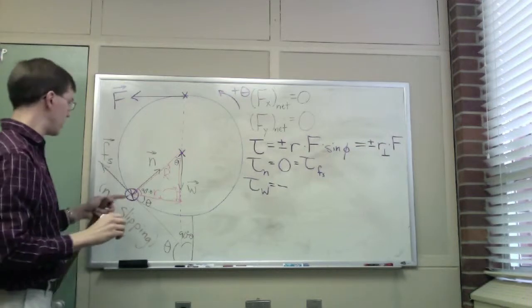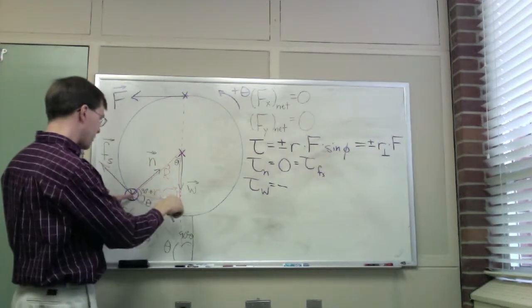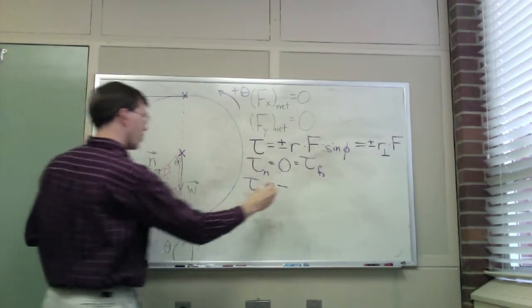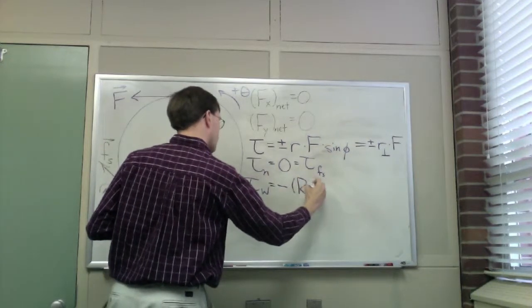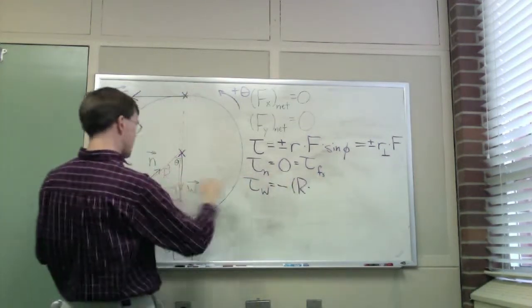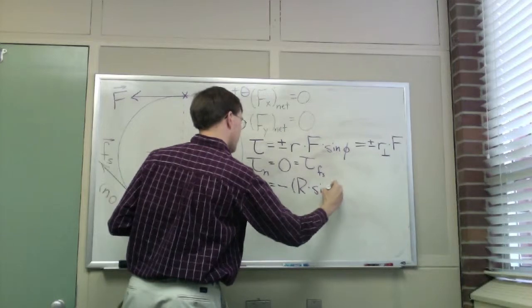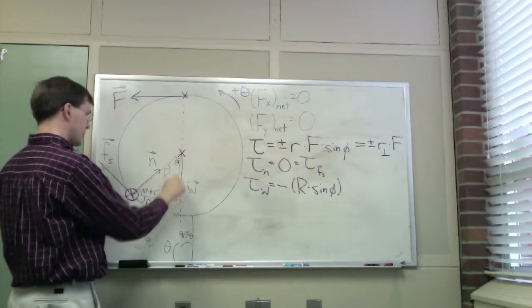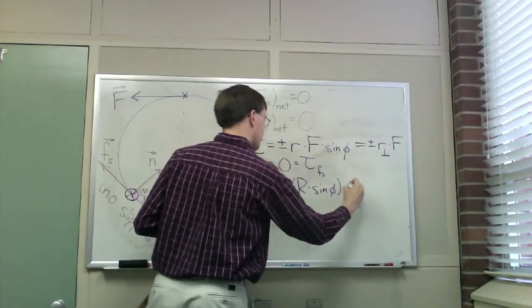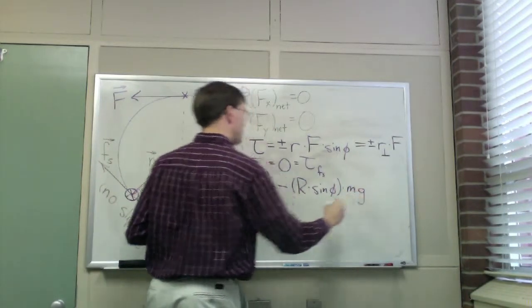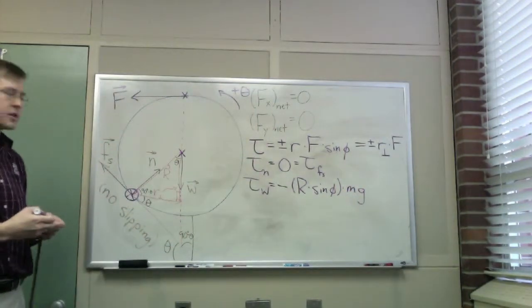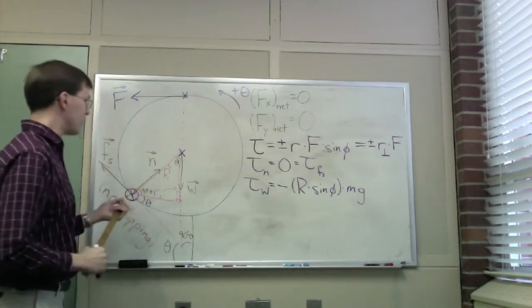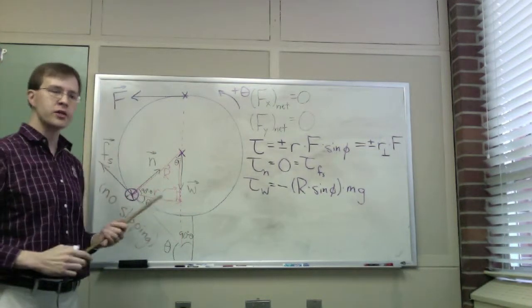And the r perpendicular is going to be the total radius times the sine, sine opposite, so it's sine of phi, that's my r perpendicular, times the mass times gravity. mg is the magnitude of my weight force. So there I have my torque due to the weight force.